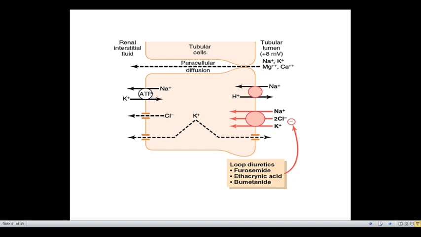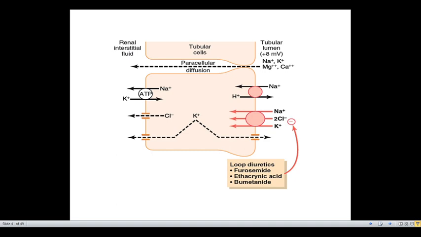The positive charge of the tubular lumen relative to the interstitial fluid forces cations like magnesium and calcium to diffuse from the lumen of the renal tubule to the interstitial fluid via the paracellular pathway, as you can see in the upper part of the diagram.